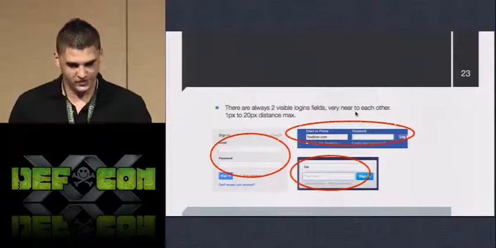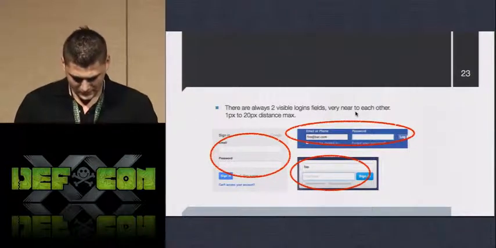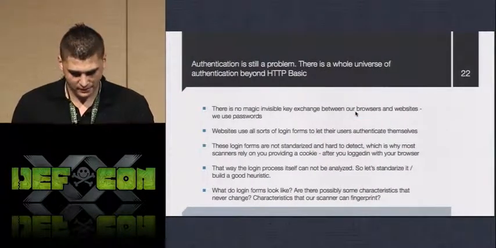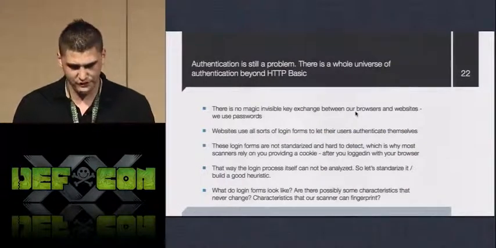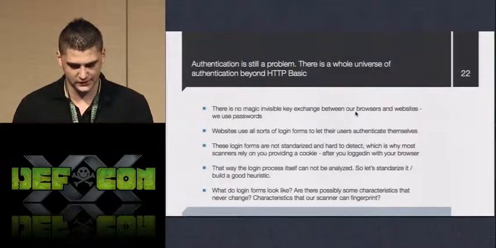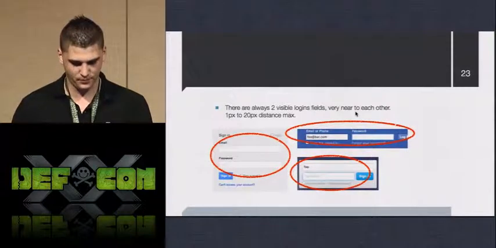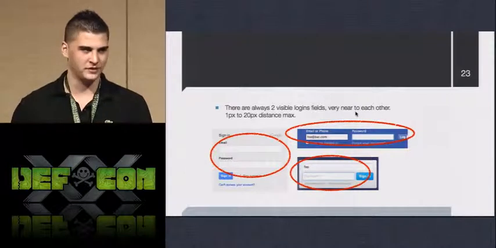For example, just some forms, an email address, a username, and what I try to do is to fingerprint these authentication schemes. And what I learned is there are 3 fingerprintable elements in today's web authentication. As this slide shows, there are always 2 visible text fields.